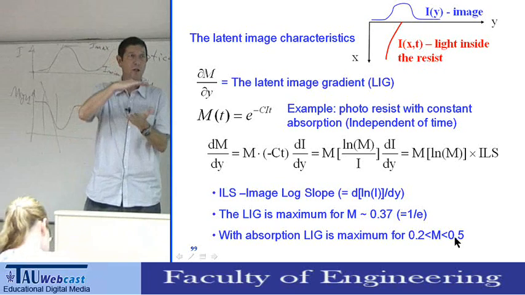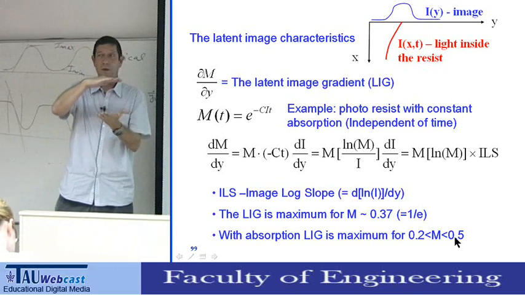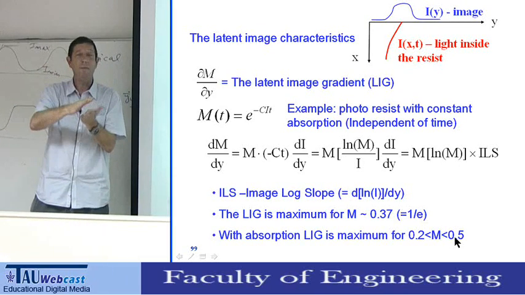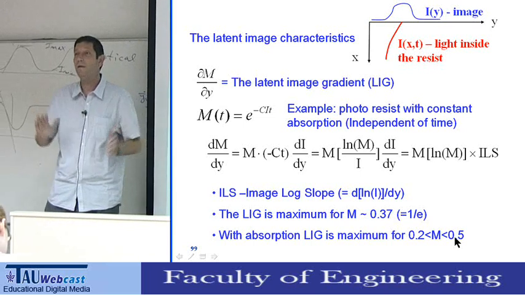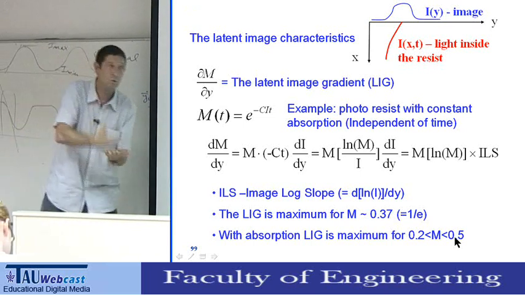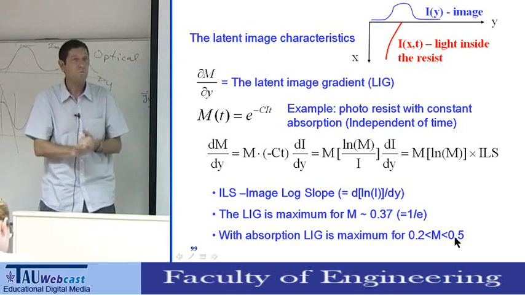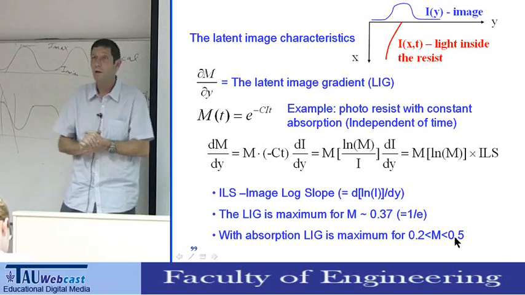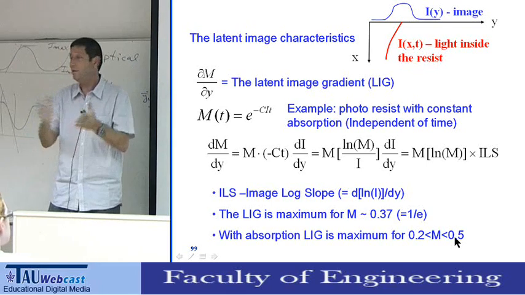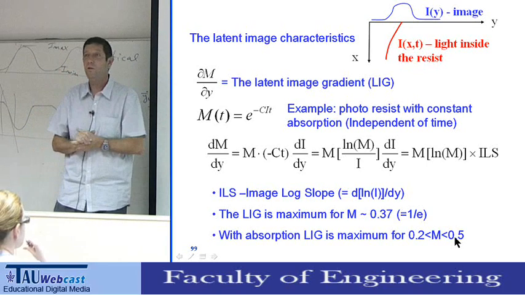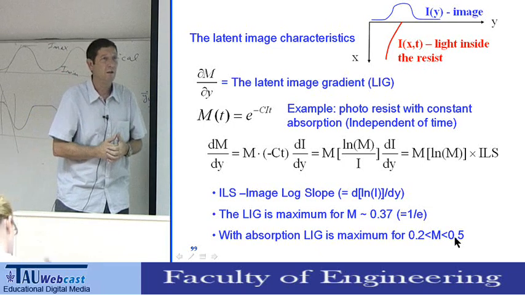If initially M equals 1 and we destroy it, when M becomes between 0.2 and 0.5 we get the best image. We don't really need to illuminate until we get M equal 0. So if you ever design your own lithography, and I see here a few graduate students, and they usually design their own process.